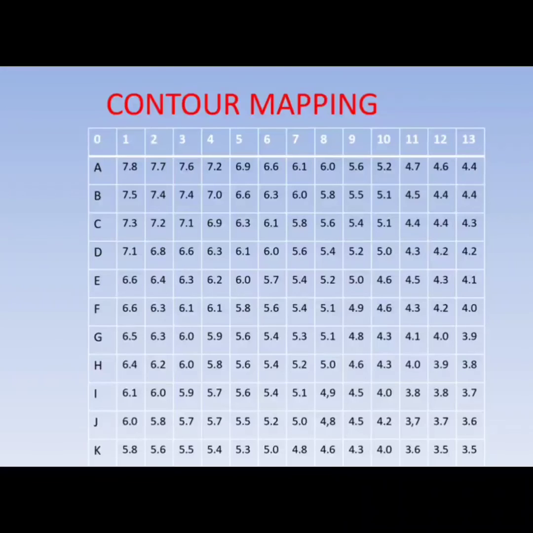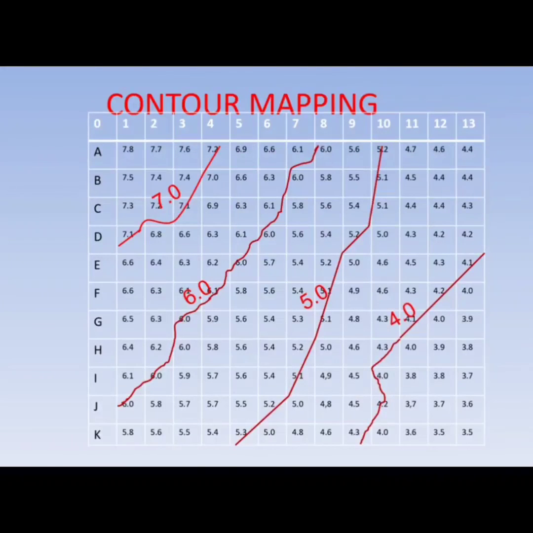In this contour map, levels are varying from 7.8 to 3.5. So we can take contours at 7, 6, 5, 4, or we can take at 7, 6.5, 5.5, like that.